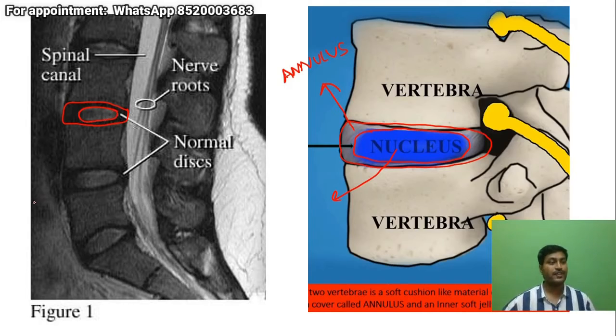Every one of you on your computer screen draw the annulus and the nucleus pulposus in this cut. At this level, I want every one of you to identify the annulus and the nucleus pulposus and highlight it. Are you able to identify?